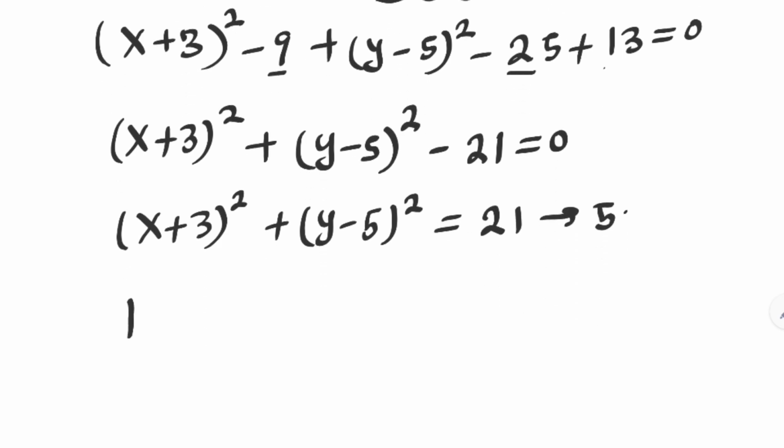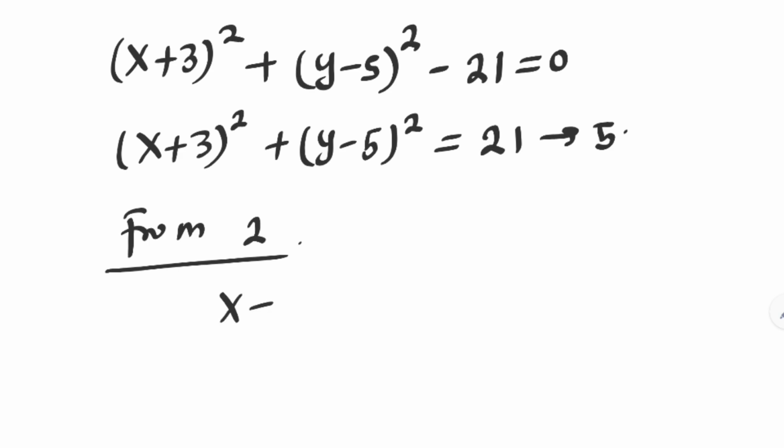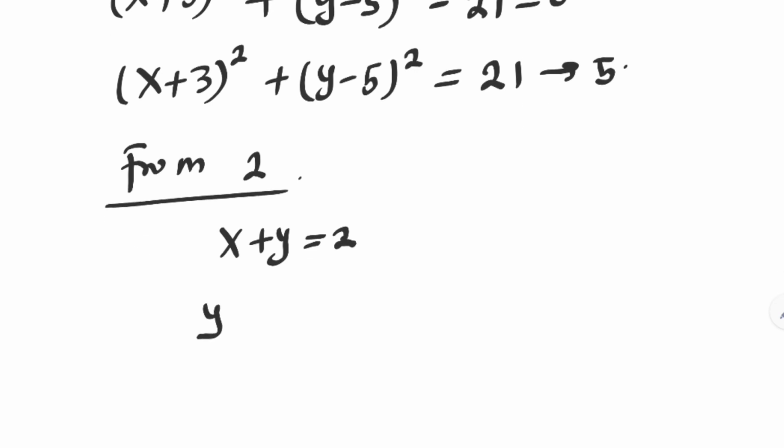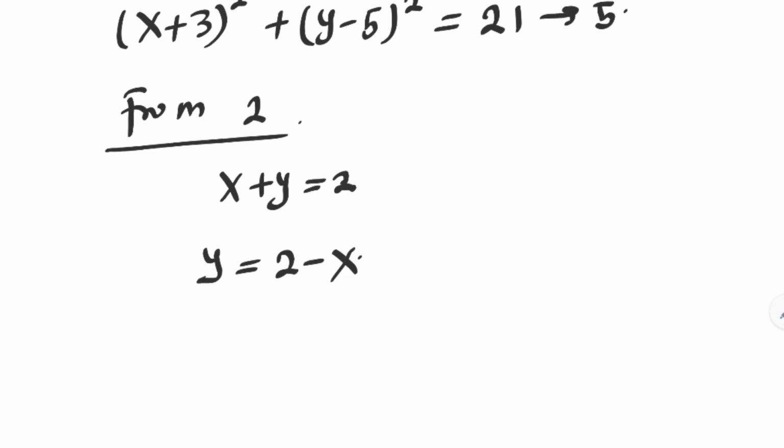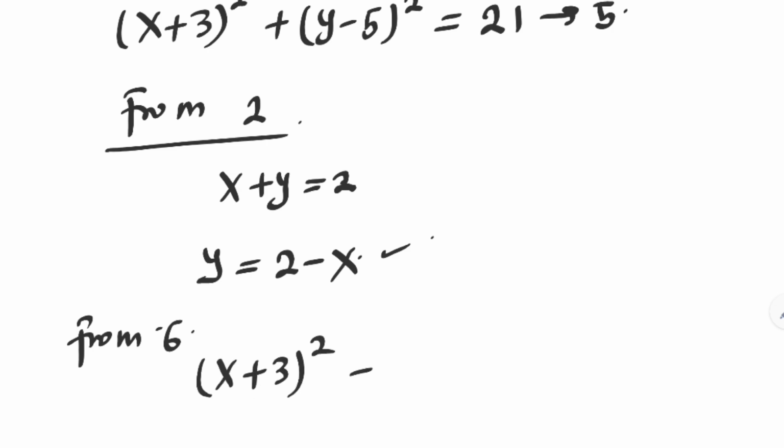Now from equation 2, x plus y is equal to 2. Then y is equal to 2 minus x. Now let us substitute this into equation 5. From equation 5, we have (x plus 3) all squared plus (y minus 5) all squared is equal to 21.